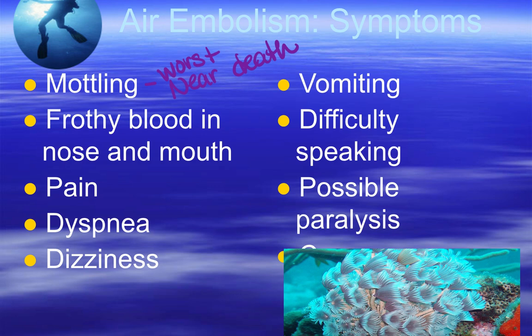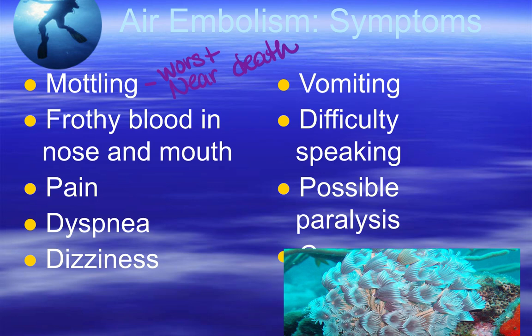We can also have capillary rupture causing that blood to be there, and what makes it frothy is the surfactant. Extreme pain, especially in the muscles and the joints, because it's probably not going to be just one air emboli, it's going to be multiple, and they can cause pain because tissues are not being perfused. They're more likely to be stuck in the joints and in the muscles.